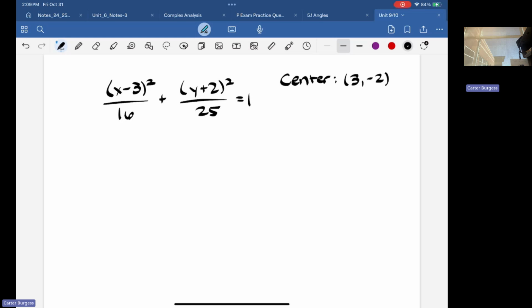So A is 5. Oh, so is it up and down? So you go 1, 2, 5, up and down.